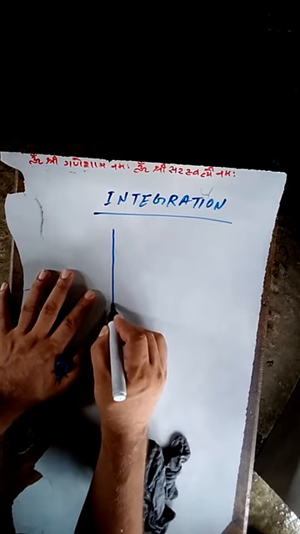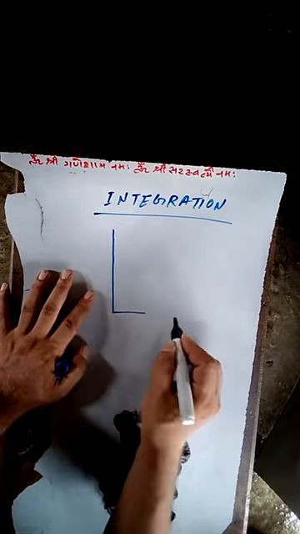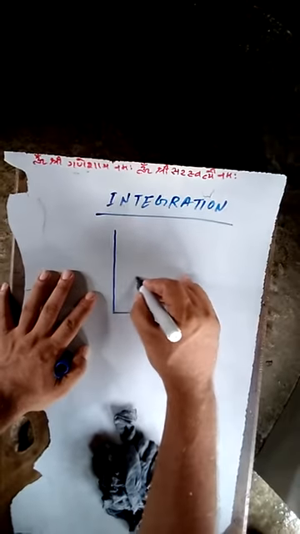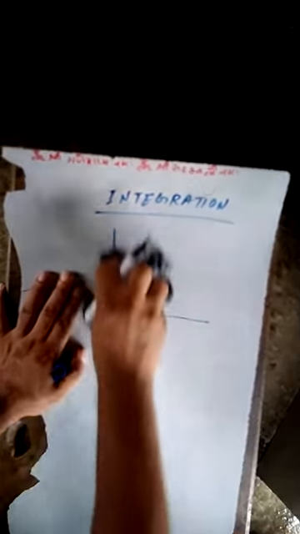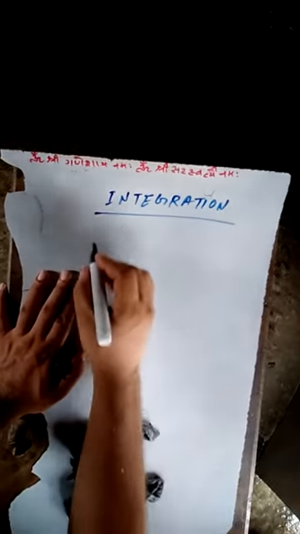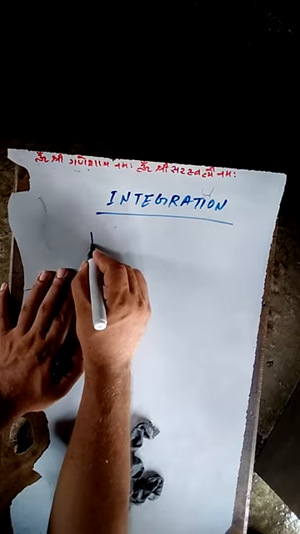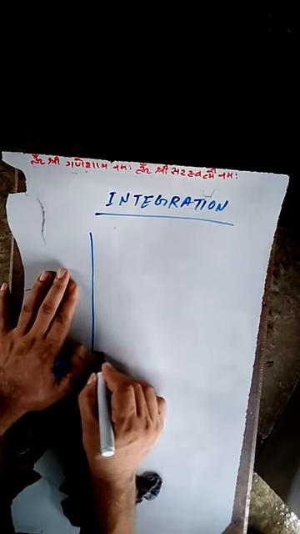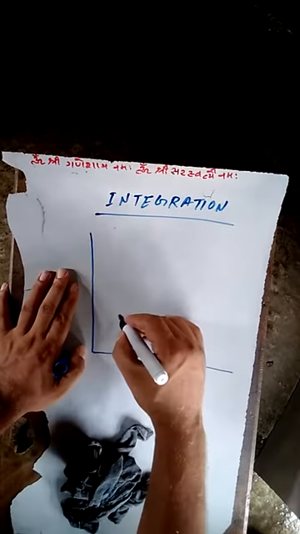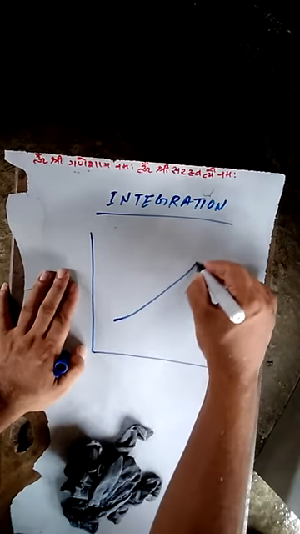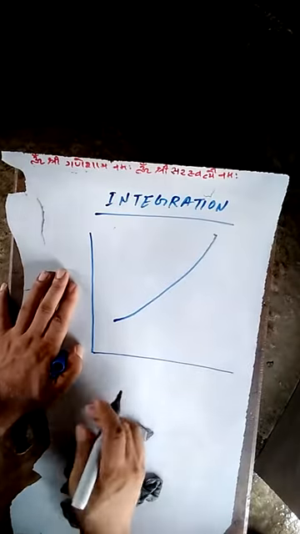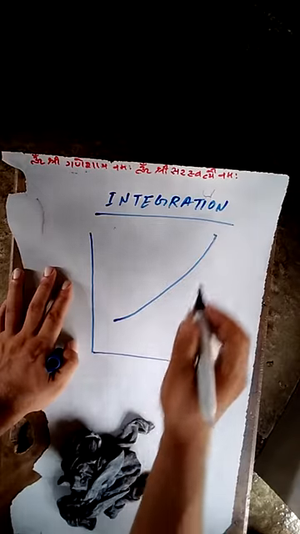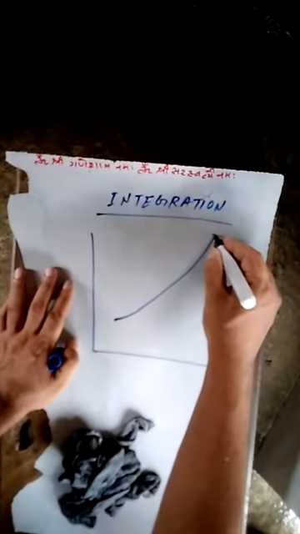Suppose we take a graph like this, and we have to find the area under this curve.